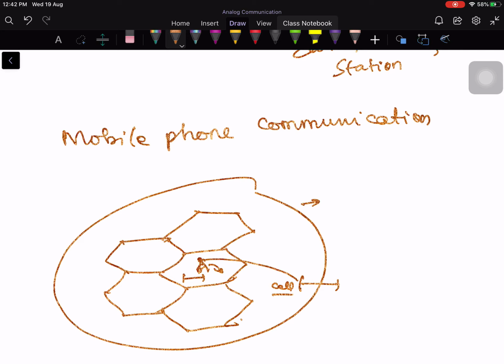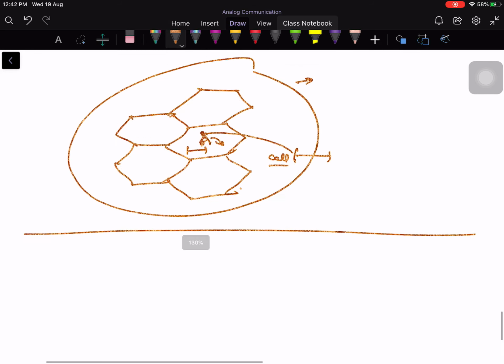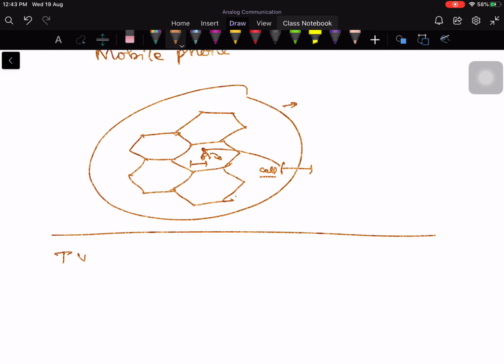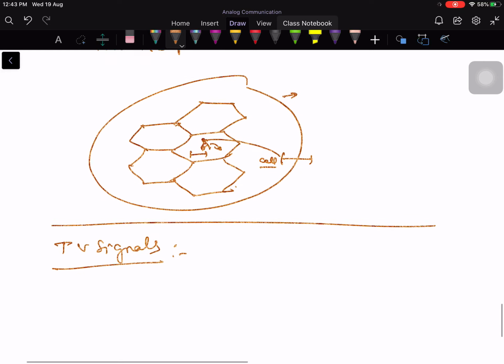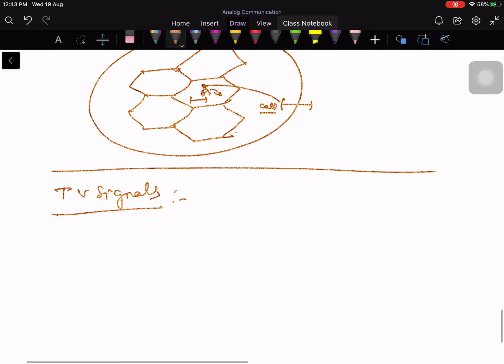Let us talk a little bit about the TV signals. The two kinds of picture signals that we talked about are the first one, TV signal, and the second one, fax signal.